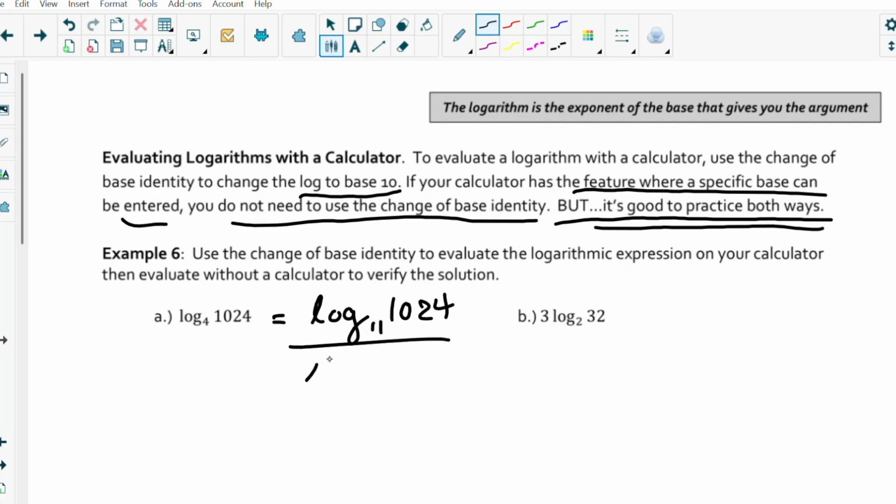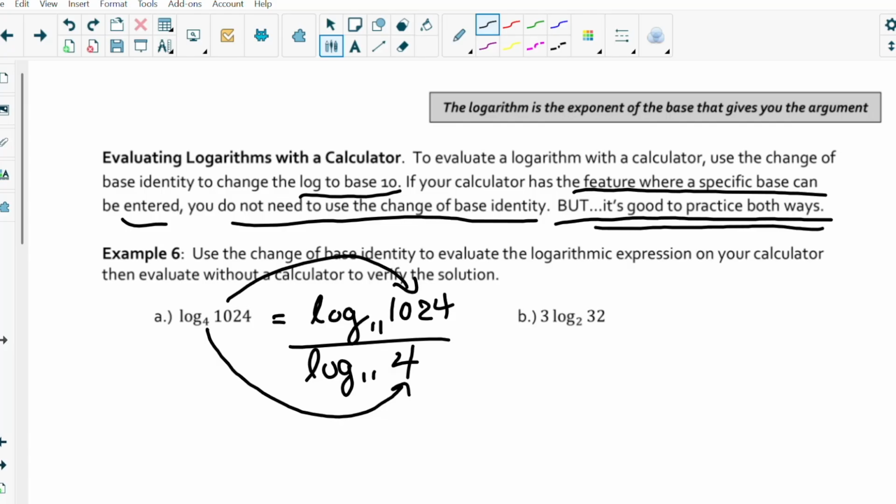Let's do log base 11 of 1024 divided by, same base, log base 11 of 4. That 1024 goes here, the 4 goes here. Choose whatever base you want.